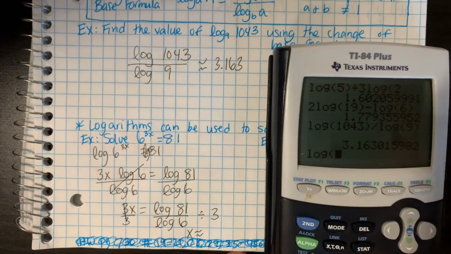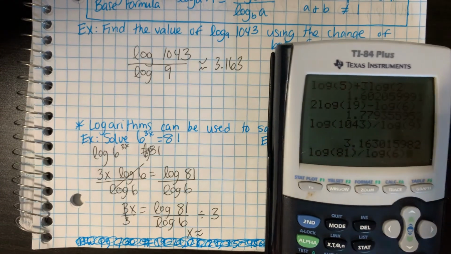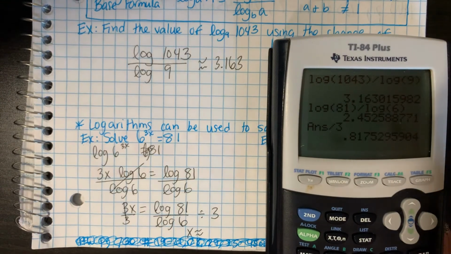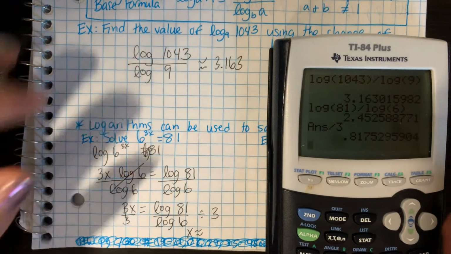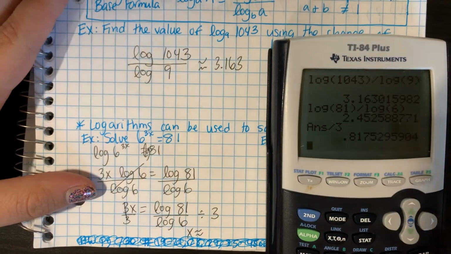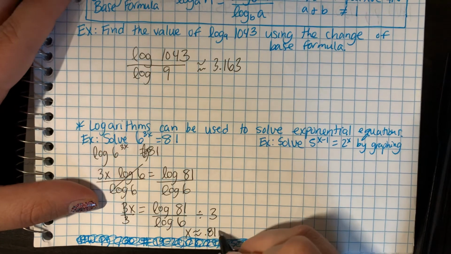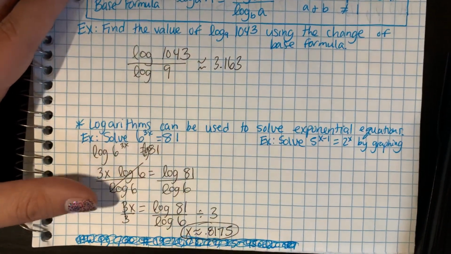We have log 81 divided by log of 6, and then we're going to divide that by 3. So it's approximately 0.8175.